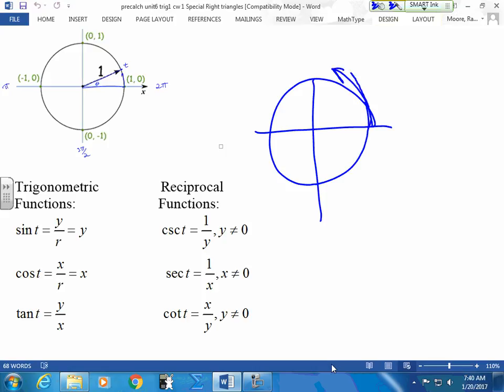They all start from the positive x-axis. This is called your initial side. If the angle is negative, it starts here and rotates clockwise, kind of the opposite way that you would think.